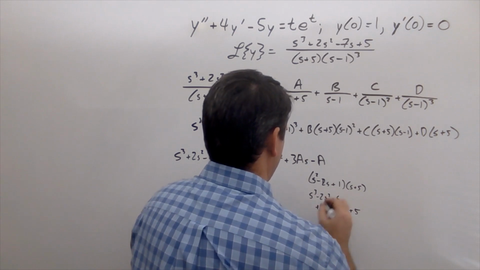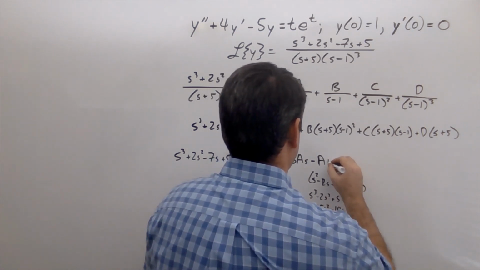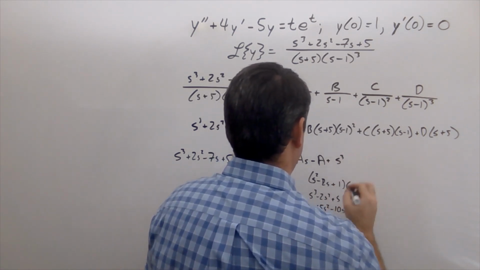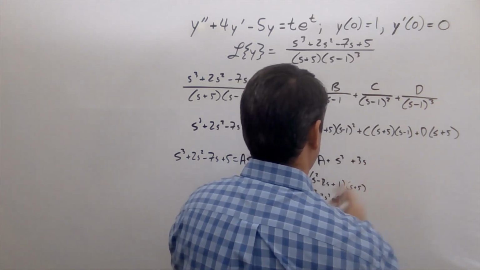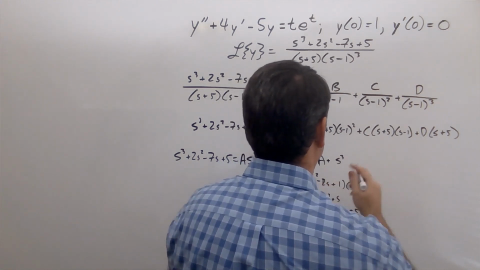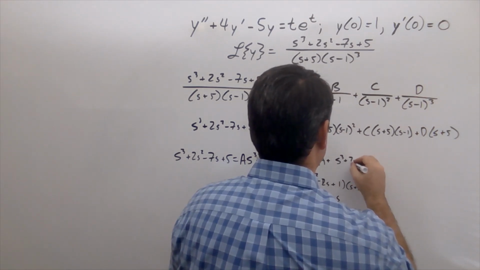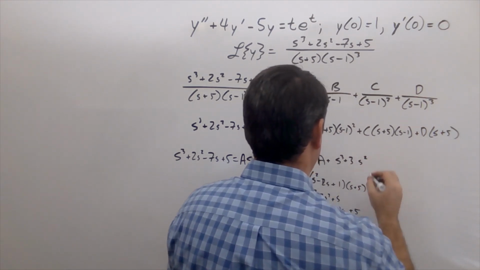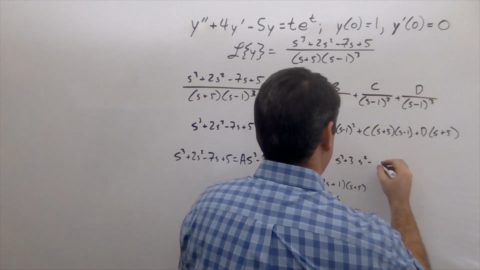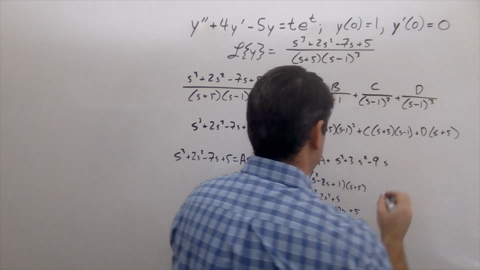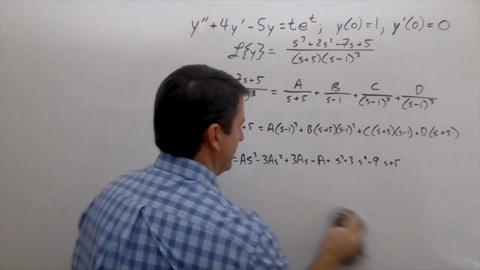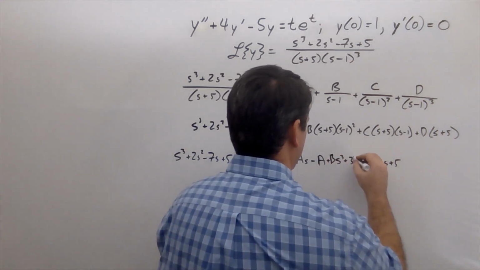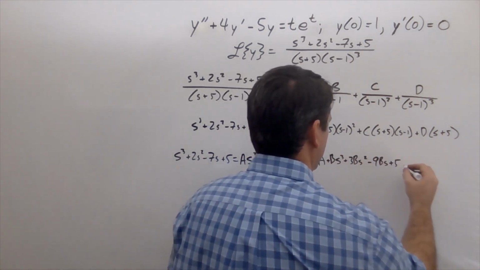So this is s cubed plus 3s squared minus 9s plus 5. Okay, and then multiply by B on all of these.